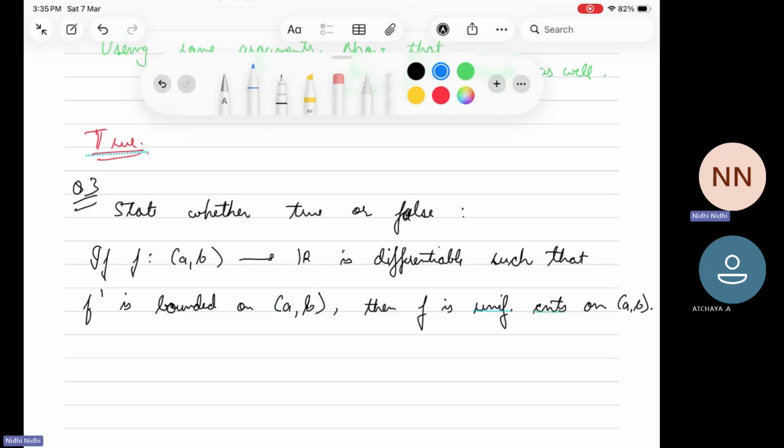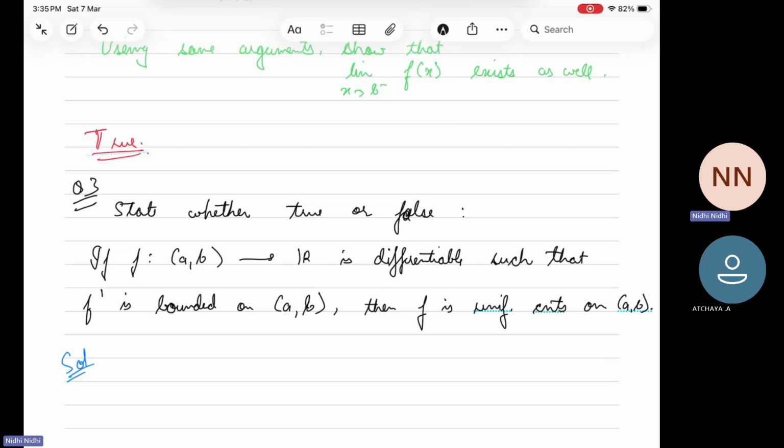Now for this problem, I would like you to tell me. I have done exactly the same things previously. Tell me whether this is true or false.